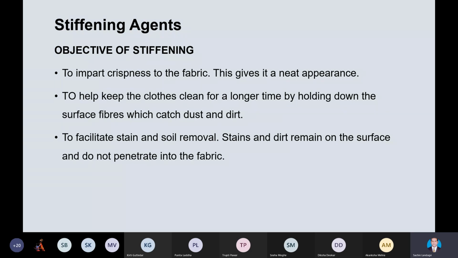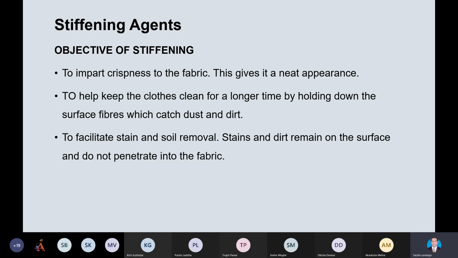Now whenever you apply the stiffening, it is just like what we do in sizing. A thin, clear, transparent layer is formed on the surface of the fabric. In sizing it is onto the yarn, but here there is a complete deposition onto the surface of the fabric, so that our garments will remain clean.